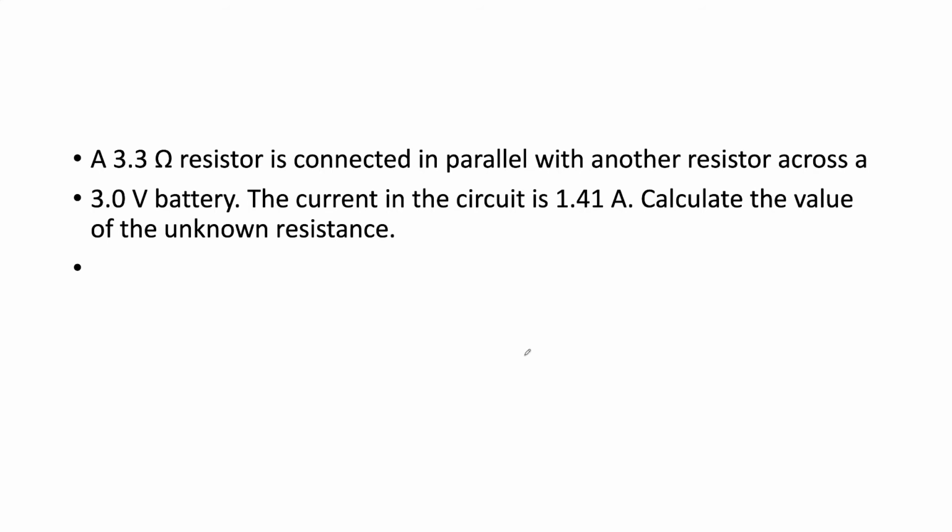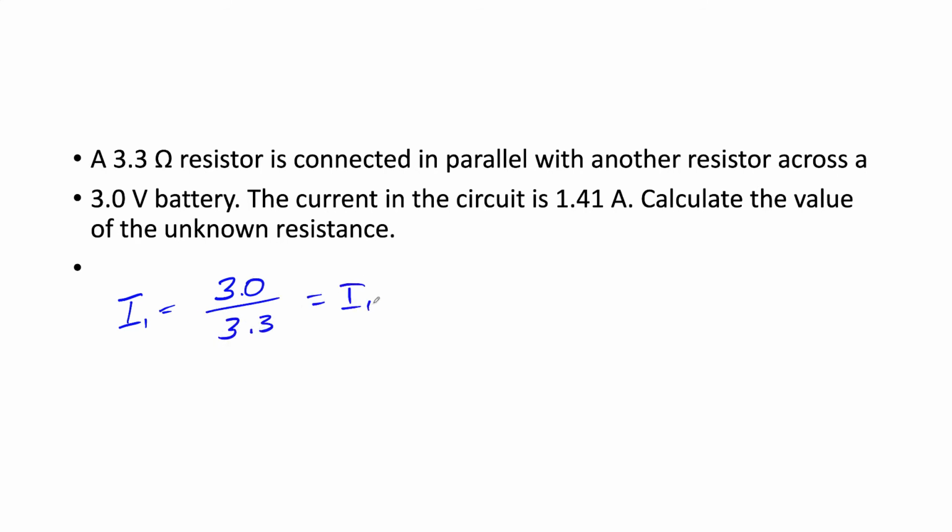Okay, so let's figure out the next question. We've got a 3.3 ohm resistor connected in parallel with another resistor across a 3-volt battery. We want to know the value of the unknown resistor. So we know that I1 is equal to the total volts over the resistor.